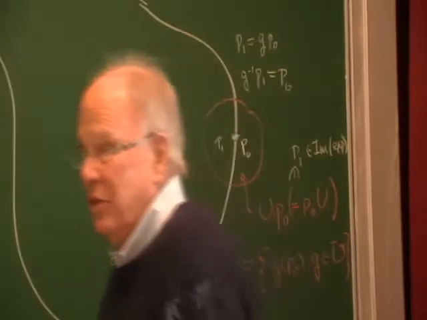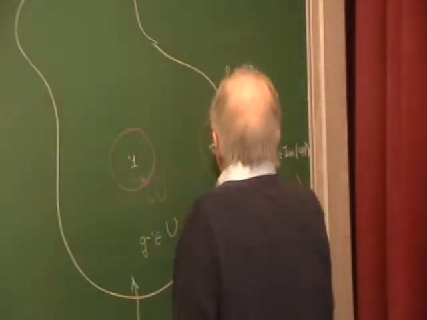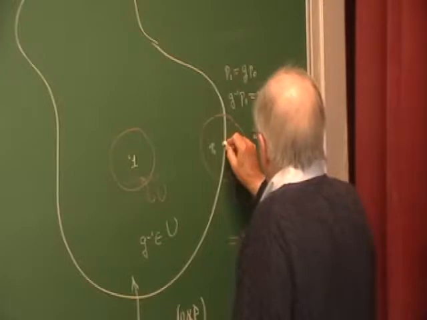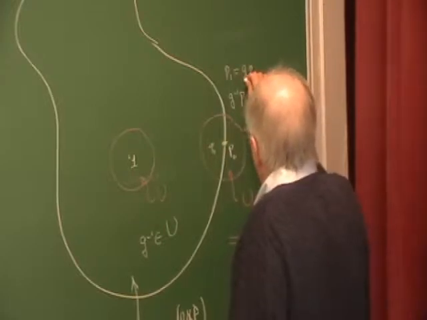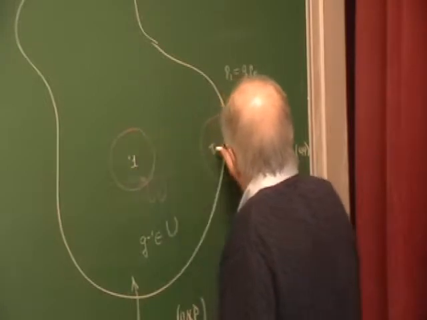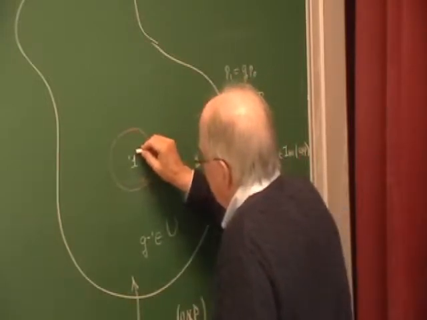Well, certainly I can guarantee that, because G is small, so I will take G, I may take G arbitrarily small, so the G inverse stays in here.